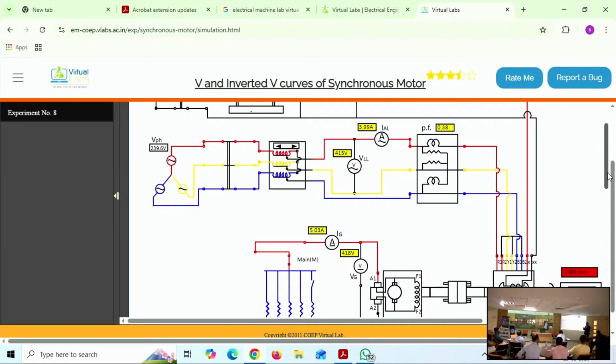One way is the induction start synchronous motor. Otherwise, we have an external pony motor, with pony motor connection and driving. Yes, such motors are available, but for our laboratory's sake, we use the induction start synchronous motor. What it does: we give the supply, the RMF is now established, and it will rotate immediately.